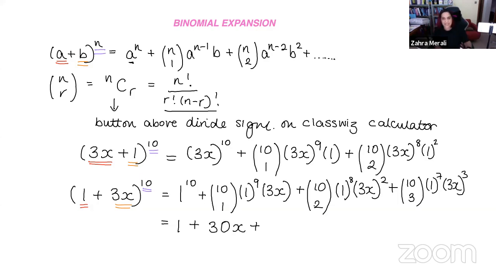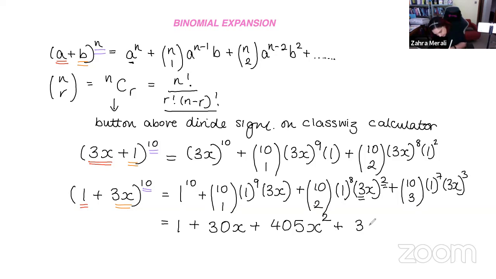Here you're going to do 10C2, you don't need to times it by 1, but the important thing here is it's times 3 squared. So it's timesing it by 9. And when you stick that all in your calculator, you get 405, and it's going to be x squared. And then we've got 10C3 times 1 times 3 cubed.